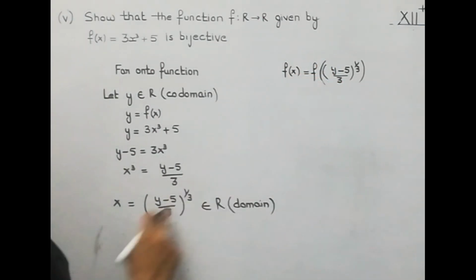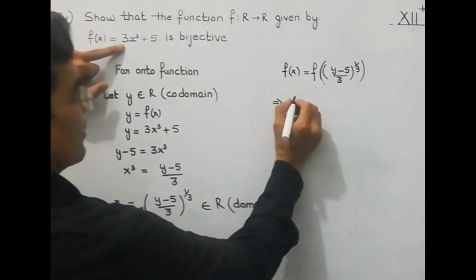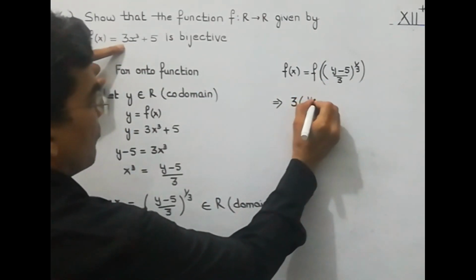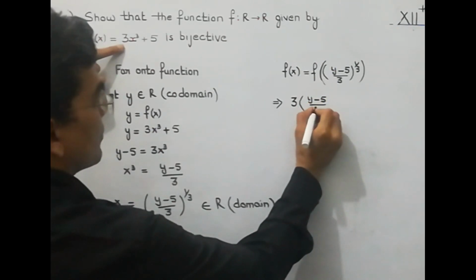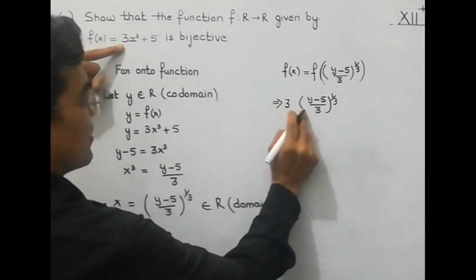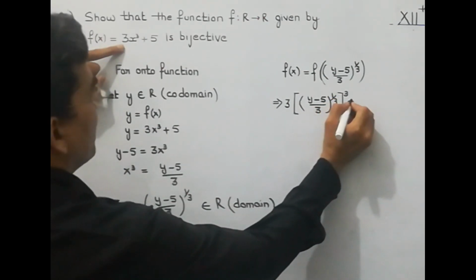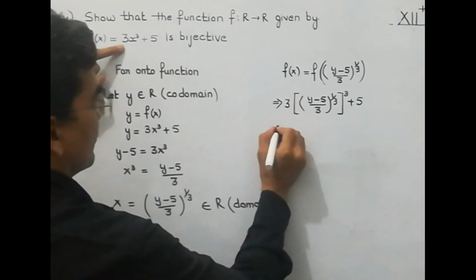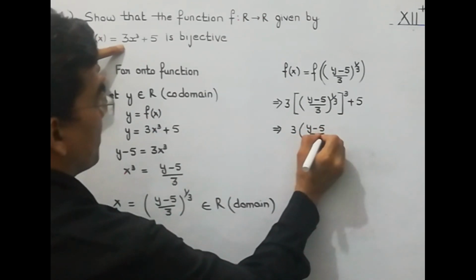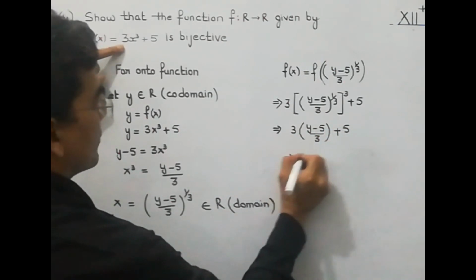F of x, and x is equal to this. Now let's substitute it in the function. This is the function 3, now x to be replaced by this, y minus 5. This is 3, this is x, and now we have to take the cube of x plus 5. So when you solve it, you are getting 3 into, and 3 and 3 will cancel out.